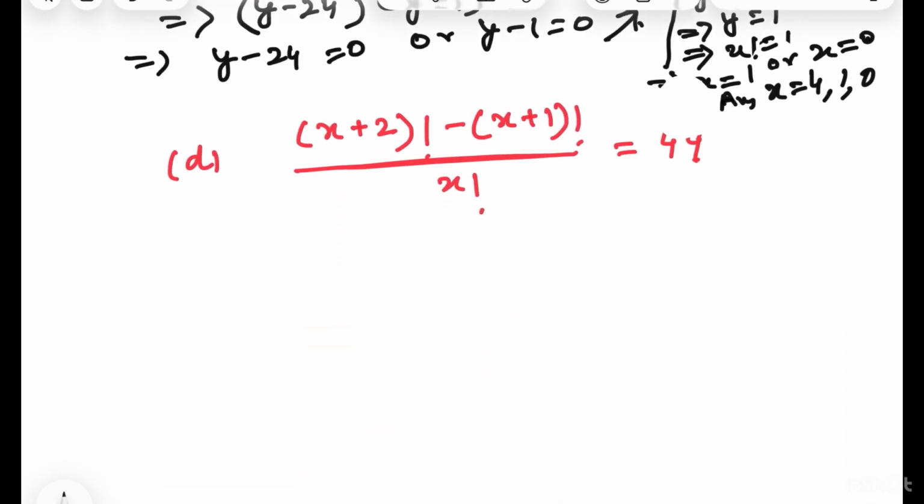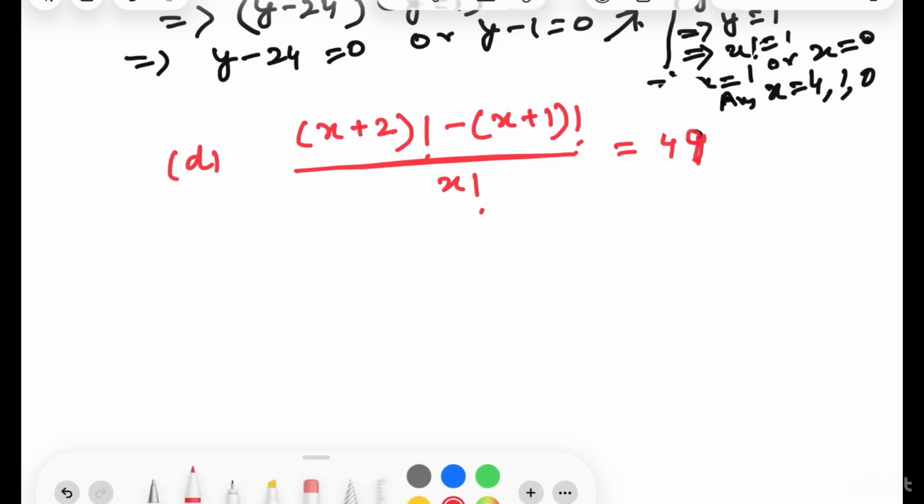x plus 2 factorial minus x plus 1 factorial upon x factorial is equal to 49. Let me check from the book. This is 49, right?